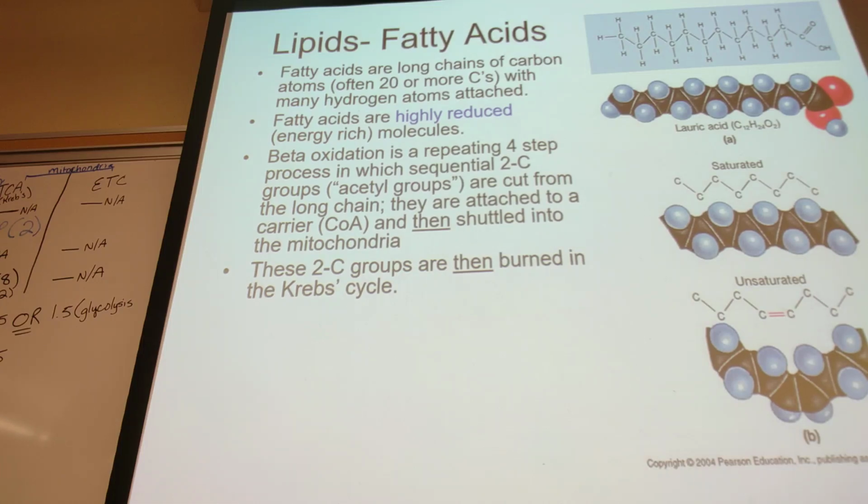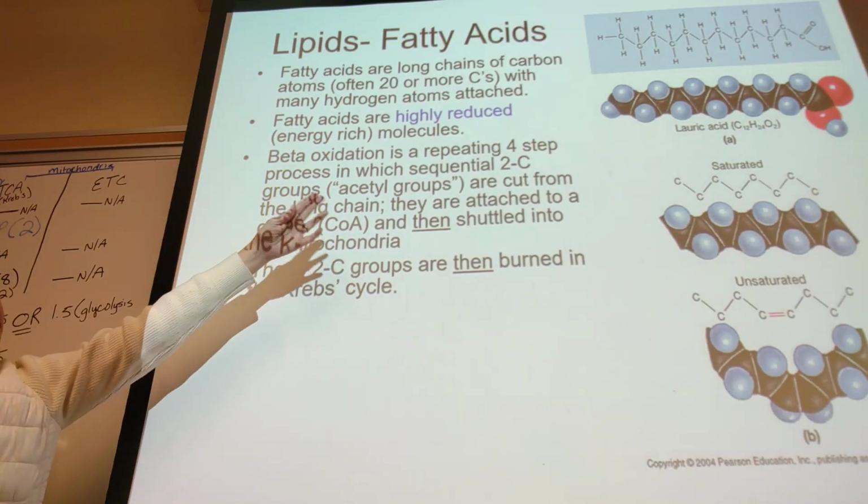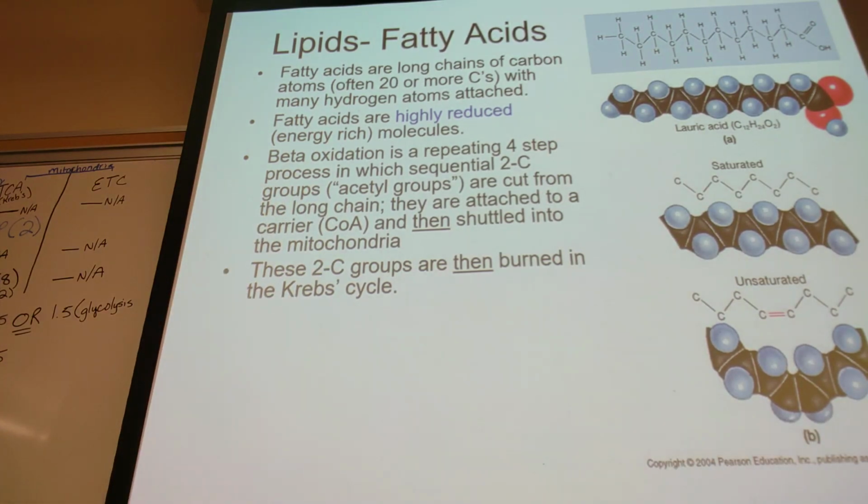fatty acid. When we cut the fatty acid, we cut off 2 carbons at a time. 2 at a time. What was the 2 carbon chain that we converted pyruvate into in the preparatory phase? It was acetyl-CoA.